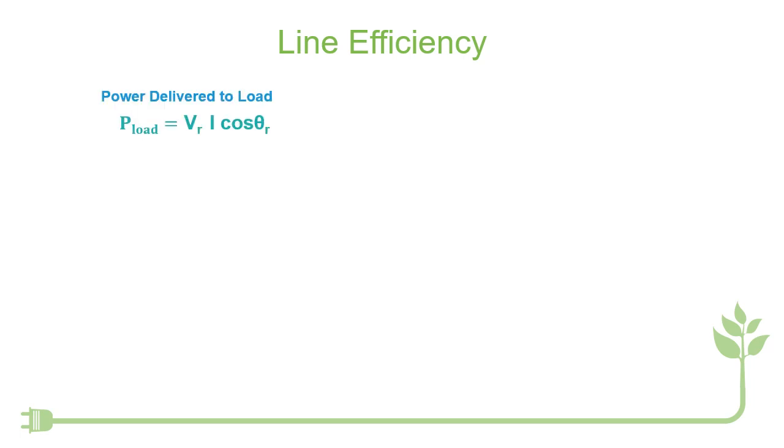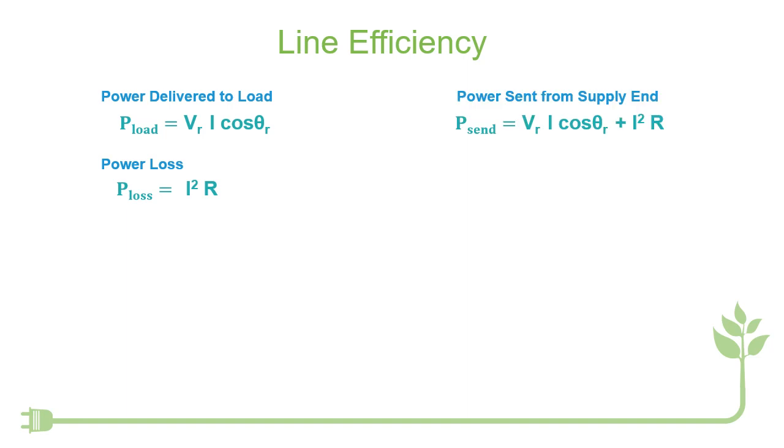The power delivered to the load, P load, is equal to VR I cosine theta R. Then the power loss, P loss, is equal to I squared multiplied by R. Then the power sent from the supply end, P send, is equal to VR I cosine theta R plus I squared R.